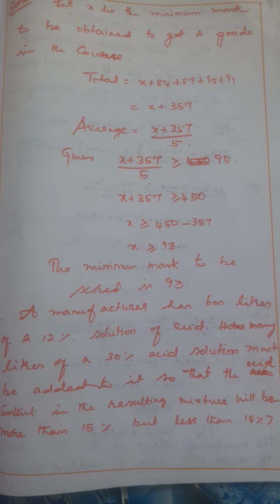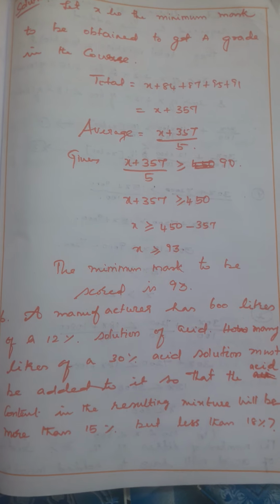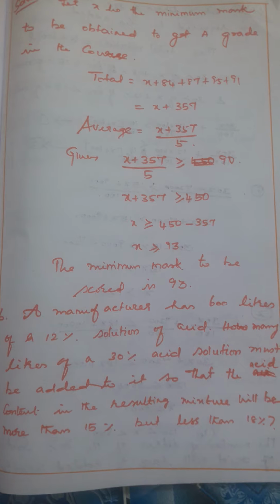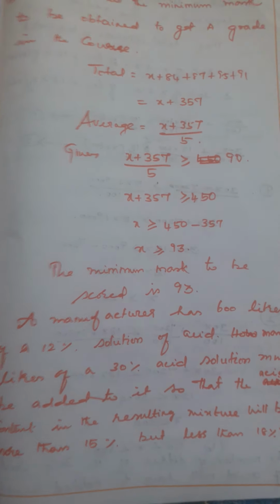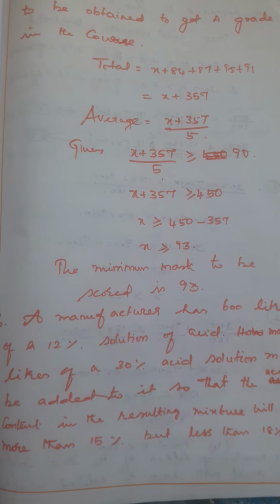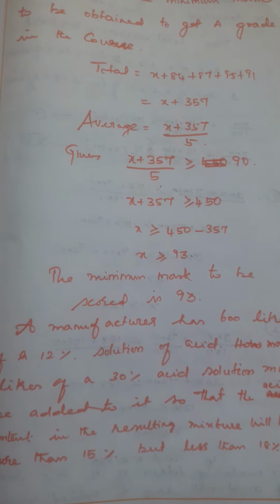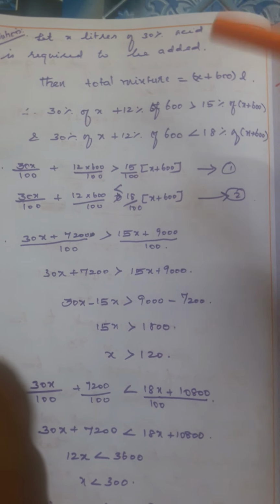In the question, you have 600 liters with 12% acid solution, and we have to mix some liters of 30% acid solution. In that 600 plus something, it should have 15% to 18% acid. That is our question. So how can we do it?